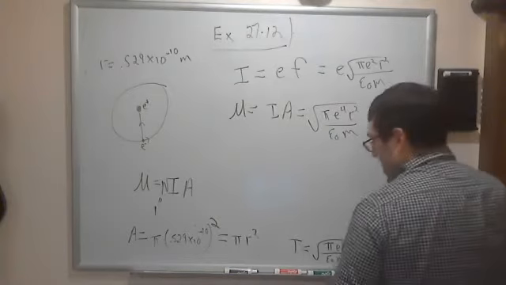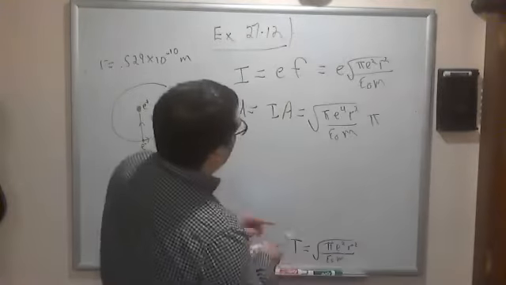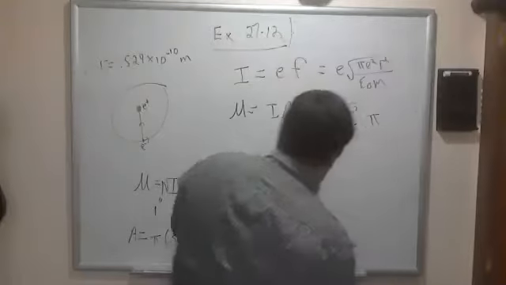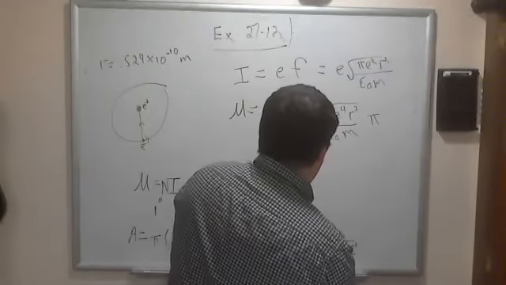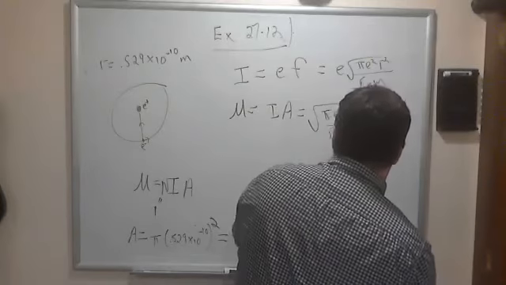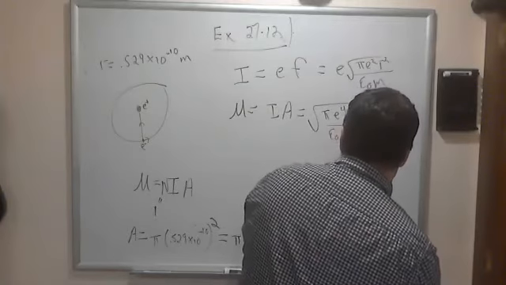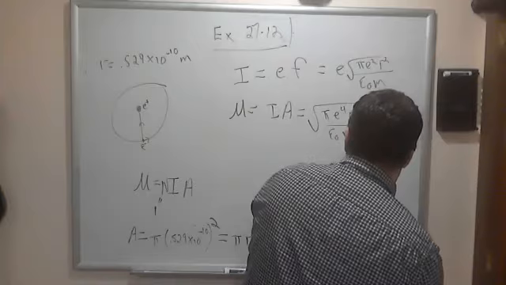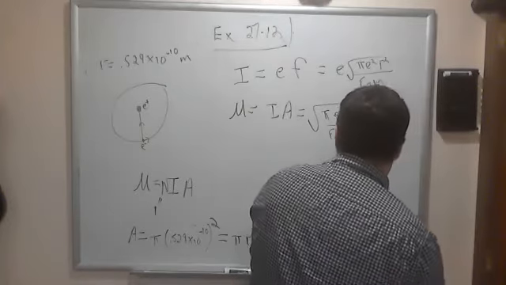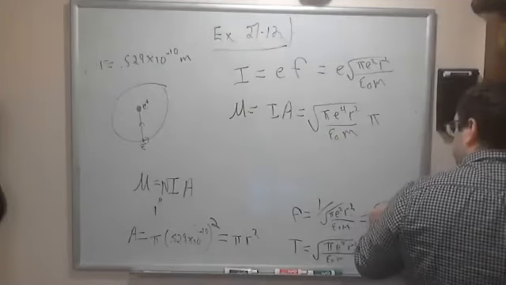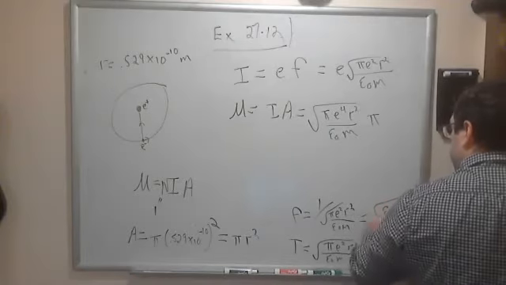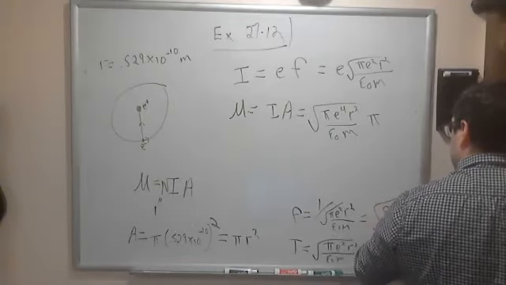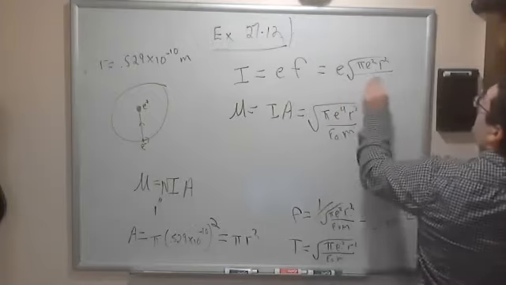Oh, wait. This should be 1 over, right? Because this is tau. So then the frequency is equal to 1 over this. I forgot to flip this over. Okay. Flip this.